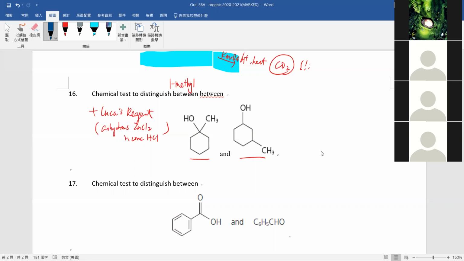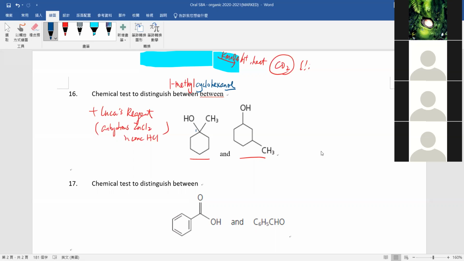Second, cyclohexane without the e. So the answer is cyclohexanol. Because of the ol, it will give you a hidden meaning. That is number 1. No e.